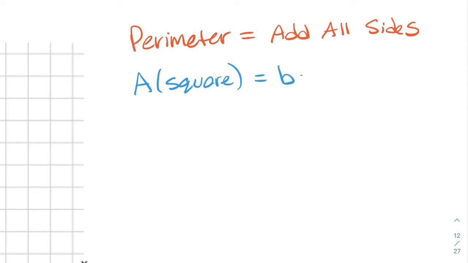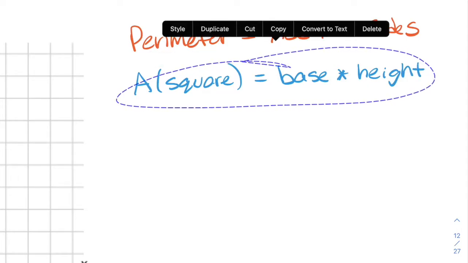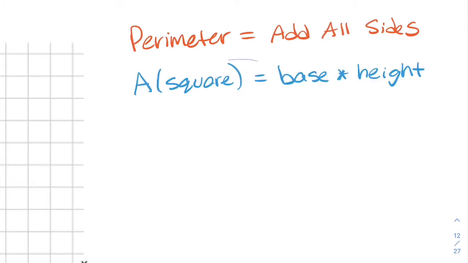which is base times height. You have the area of a rectangle, which is also base times height.